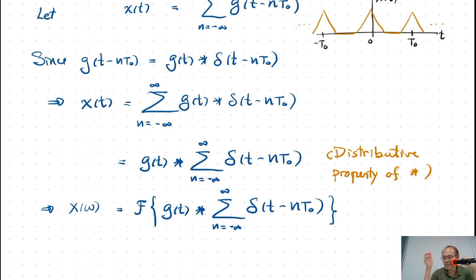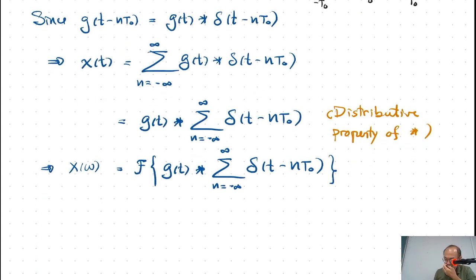And we know the Fourier transform of convolution is the product of the Fourier transforms. Remember? Convolution and product, they go together. If one is convolution, the other will be the product. So if the time domain is convolution, the frequency domain will be the product.